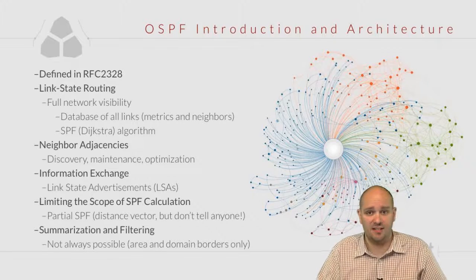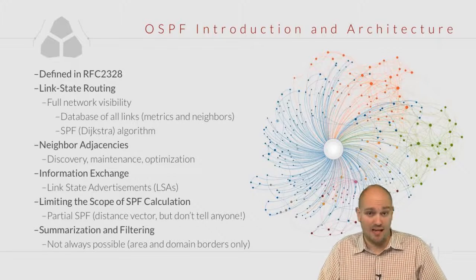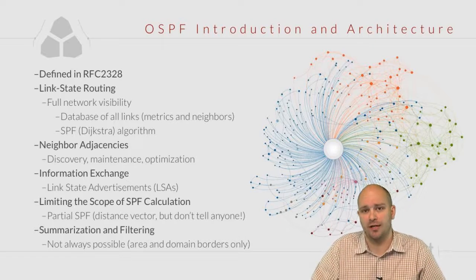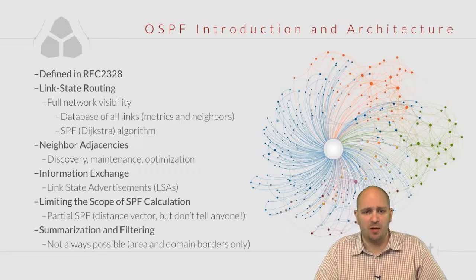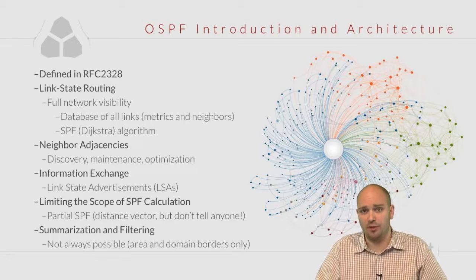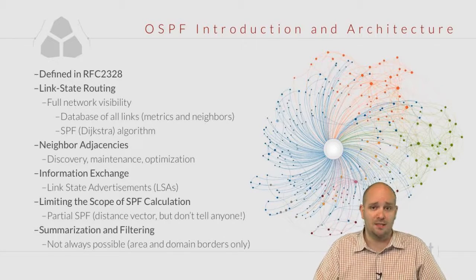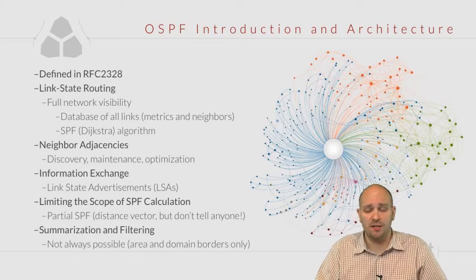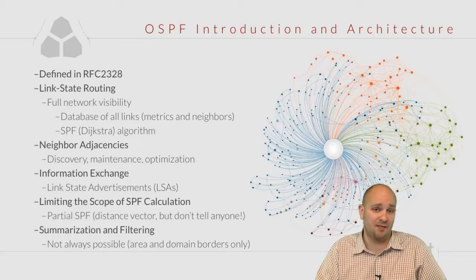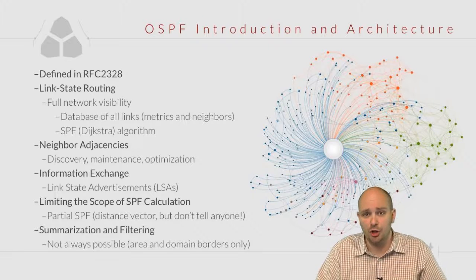Now, when we have this information in the database, which is fundamental for the functioning of OSPF, the SPF algorithm runs. The SPF algorithm, or Dijkstra algorithm, is a mathematical algorithm from graph theory, which is simply designed to find the shortest path that satisfies certain conditions.